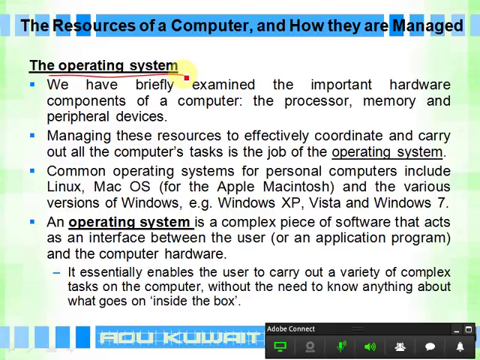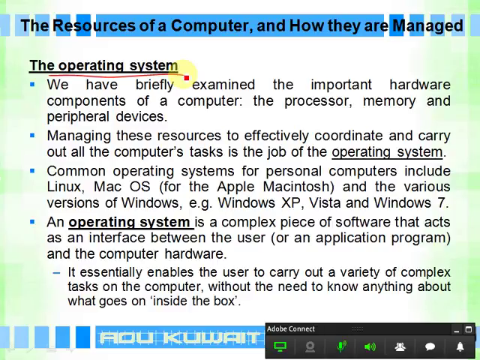So we have briefly examined the hardware components of a computer, that is the processor, memory and the peripheral devices. Managing these resources to effectively coordinate and carry out all the tasks and the jobs is the job of the operating system. So common operating systems we have seen: Windows, Linux, Unix, Mac.